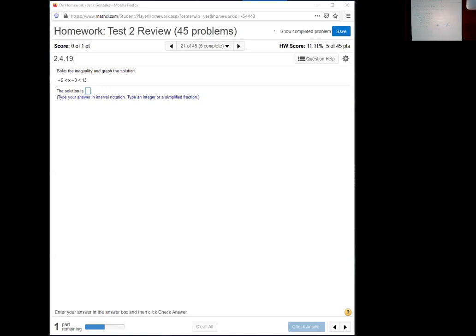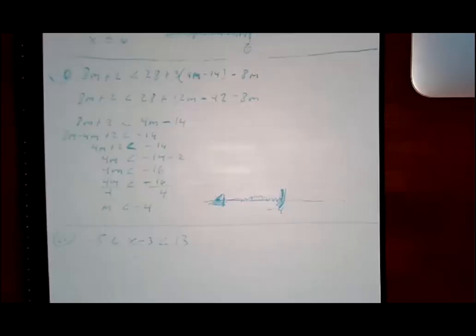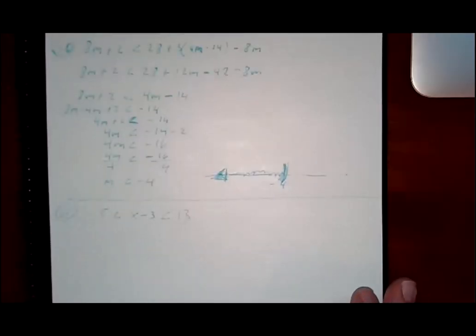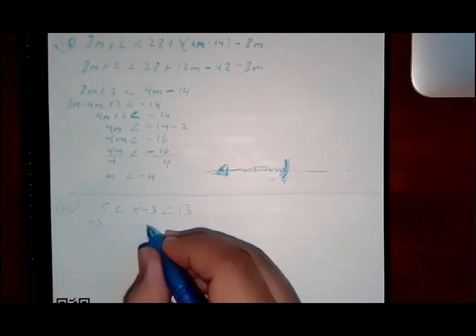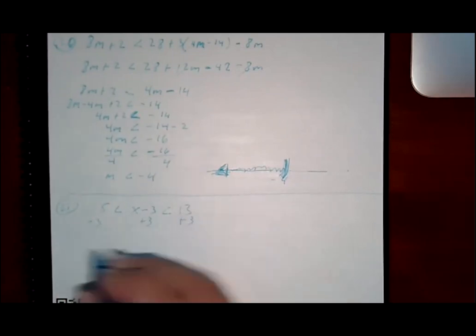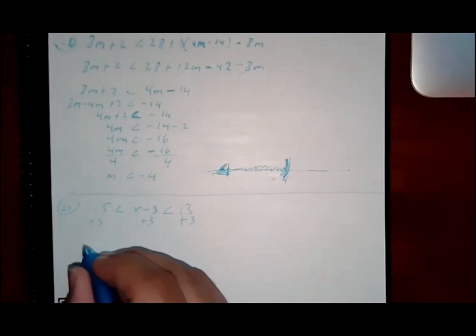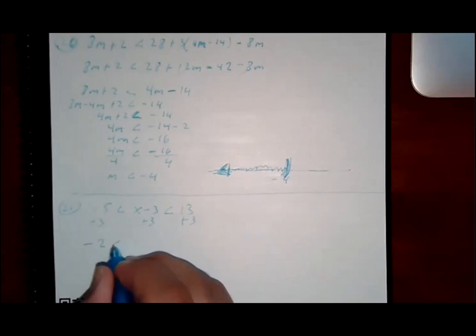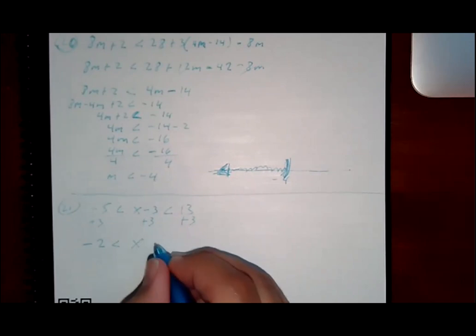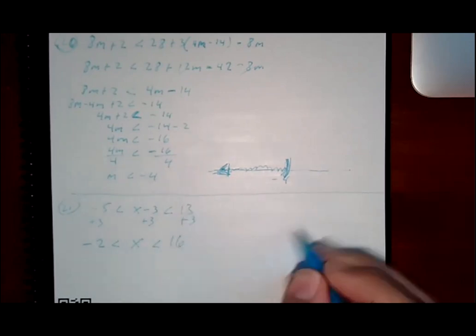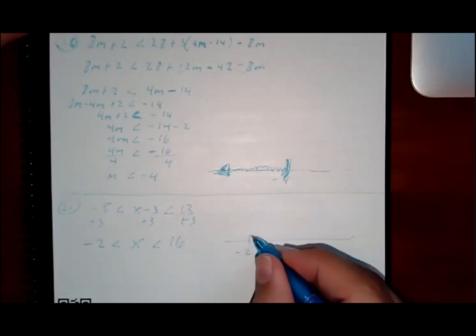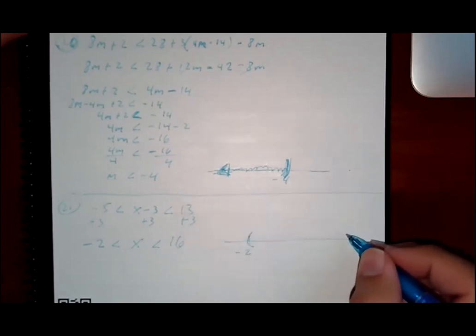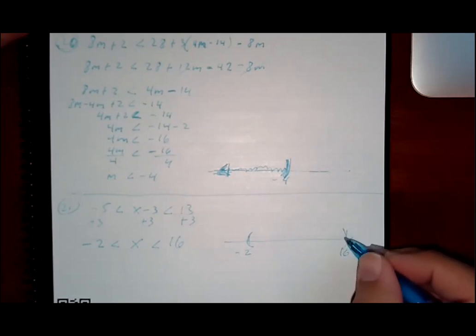Okay. So that 3 is in the way. So do +3. So I'm going to do +3 to every single side. This becomes -2. This becomes just the x. This becomes 16. So graphically, here's -2 parentheses all the way to 16, somewhere out here.